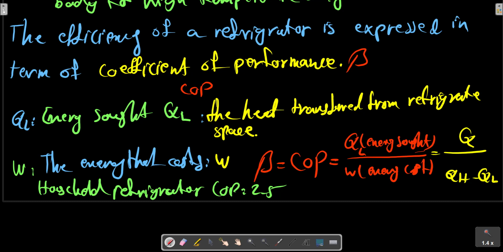It should be noted that a refrigeration or heat pump cycle can be used with either of two objectives. It can be used as a refrigerator, in which case the primary objective is QL, the heat transfer to the refrigerant from the refrigerated space. It can also be used as a heating system.